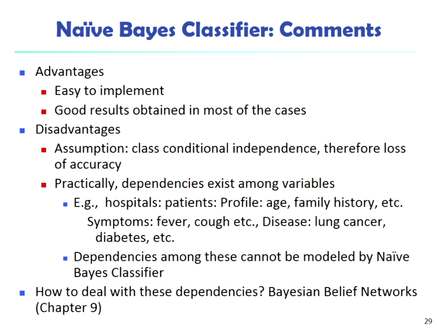For example, if our variables are hospitals, patients, profiles, etc., there is a dependency between all the variables. We cannot assume that probability of x1, x2, x3 equals the product of the probability of x1 multiplied by x2 multiplied by x3.